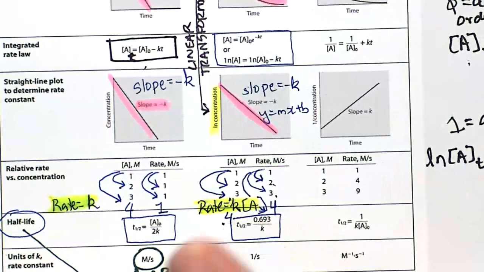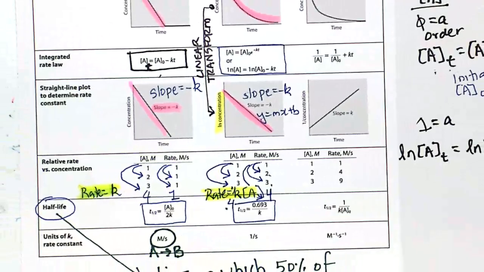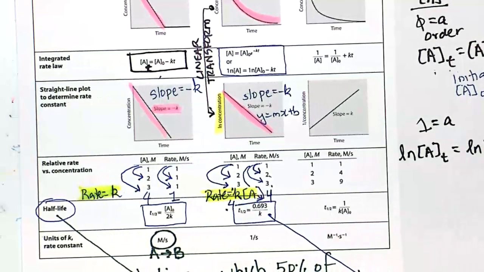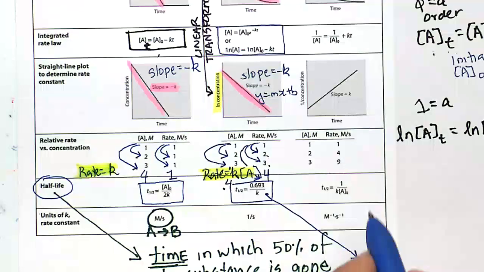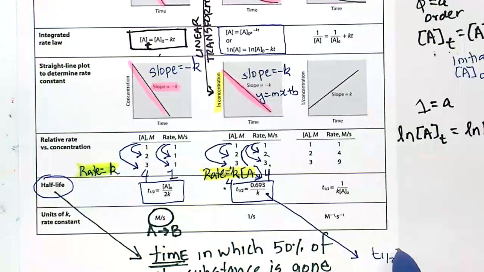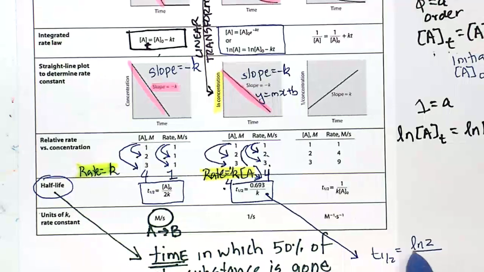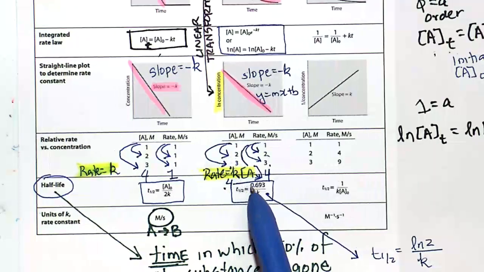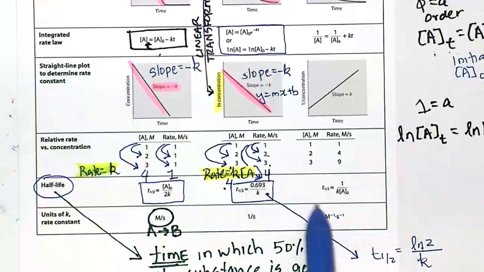All right, so this is the half-life, 0.693 over k. Another thing I want to bring to your attention: 0.693 is also natural log of 2, so natural log of 2 over k. There was a student last semester who said, I don't understand, natural log of 2.693, what is it?